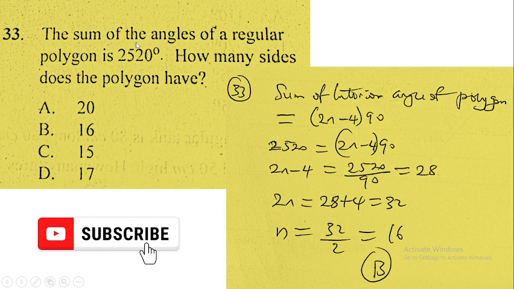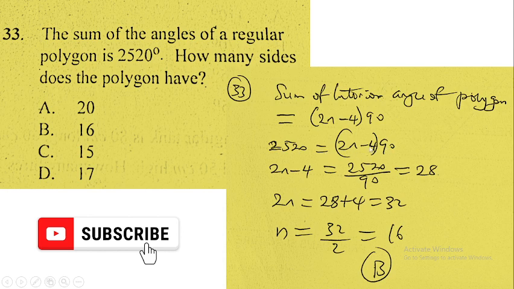So the sum of the interior angles of the polygon is 2520. So what do you do? Remember the formula for finding the sum of the interior angles of a polygon. That is 2n minus 4 multiplied by 90. This is the formula for finding the sum of interior angles of any regular polygon. So what do we do? Equate this formula to the value of the sum of the interior angles. That will give us 2520 equals 2n minus 4, then multiplied by 90.